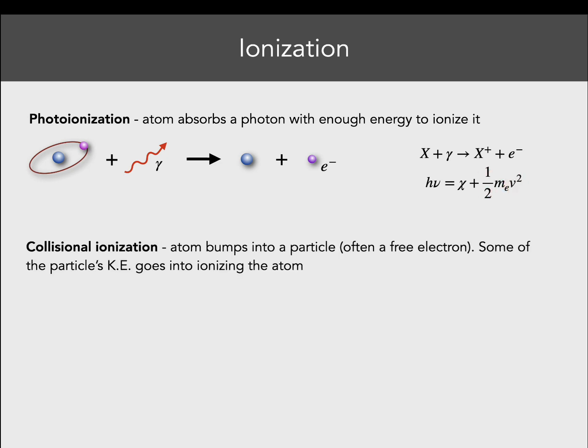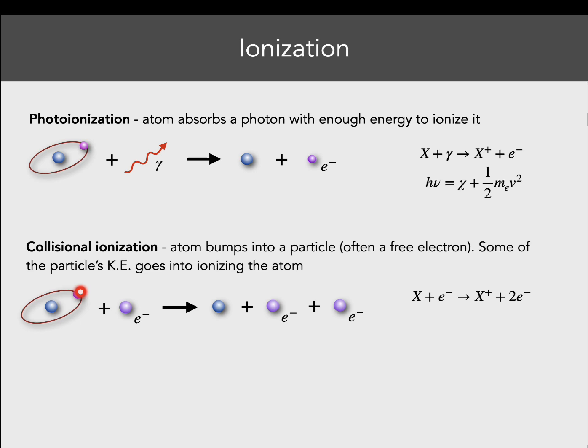You can also have collisional ionization, just like we had collisional excitation. So here we have another particle bumps into our atom, ionizing it. And so now we'll have our particle plus the electron that was held on to the atom. So we could write this as the atom plus our particle gives an ionized atom, and then we'll have two particles.